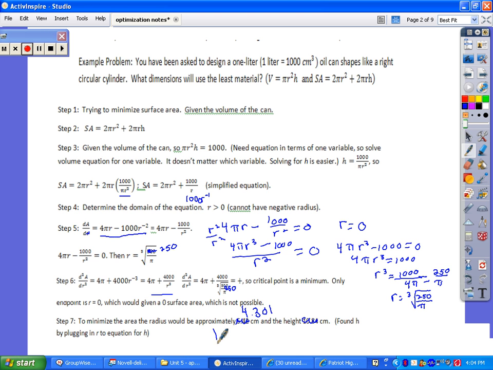So I'm going to say h is equal to 1,000 divided by pi times 4.301 squared. And remember, you need to store the 4.301 in your calculator to get the exact value because it has to be accurate to 4 decimal places for you to get credit on the AP exam. So if I do that, I get the height to be 17.205 centimeters. And so these are the dimensions that give me the least material, that minimize the surface area.